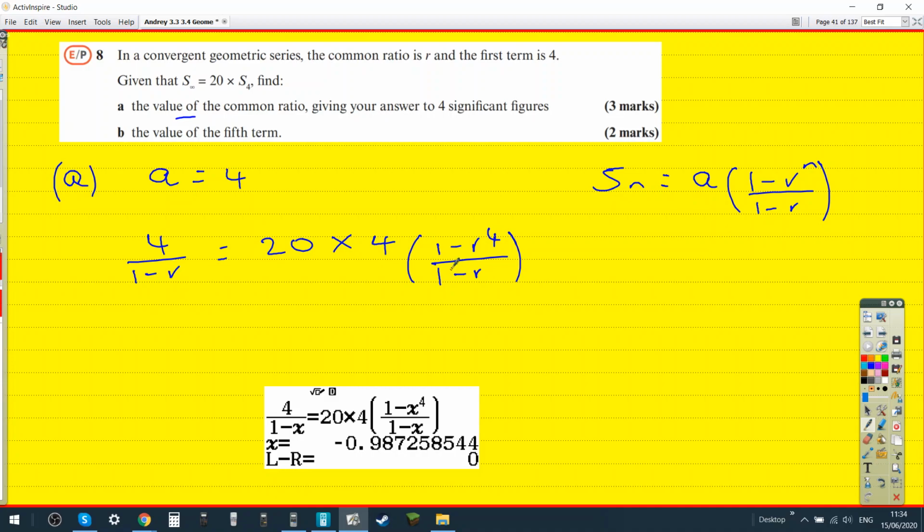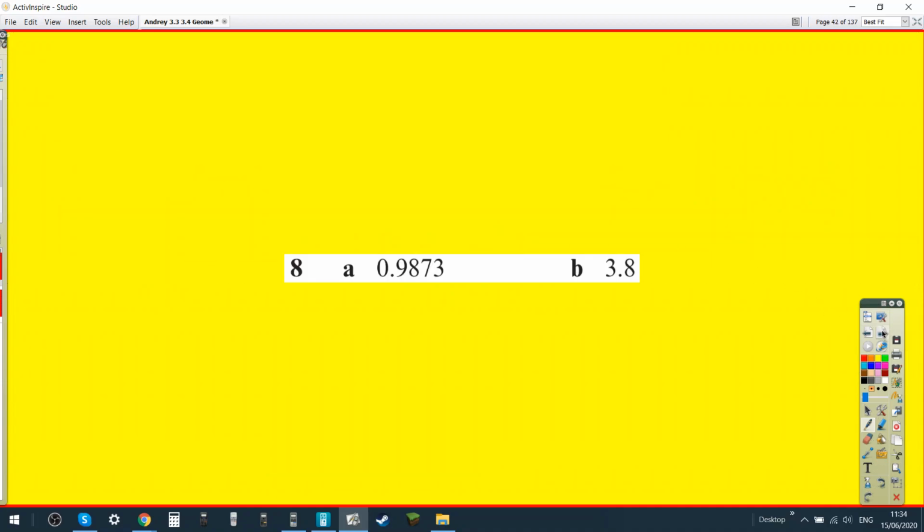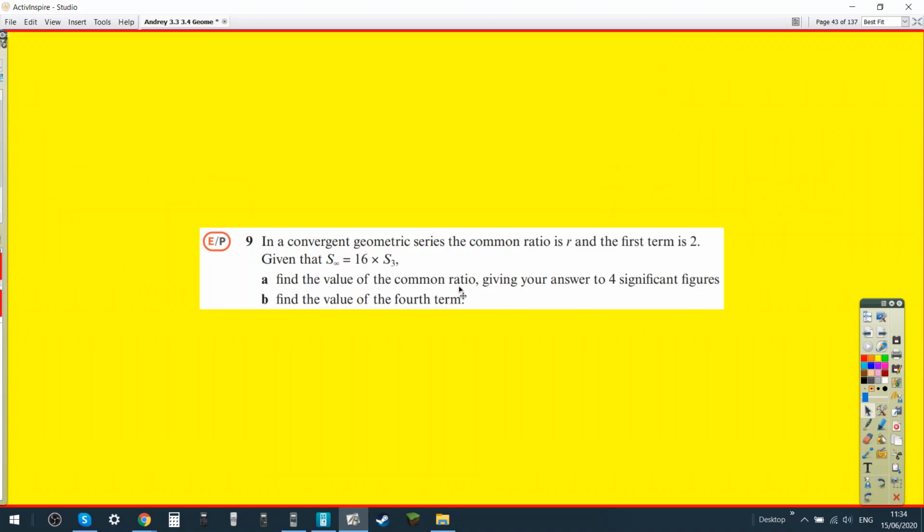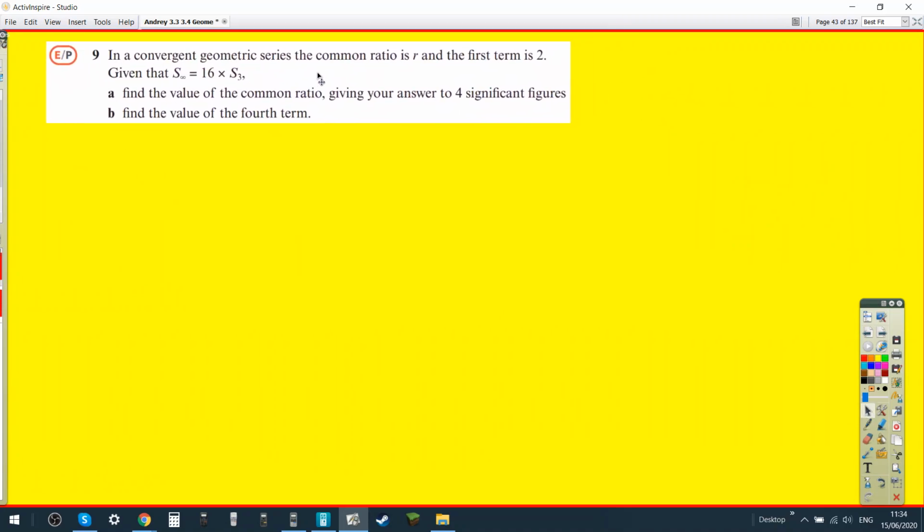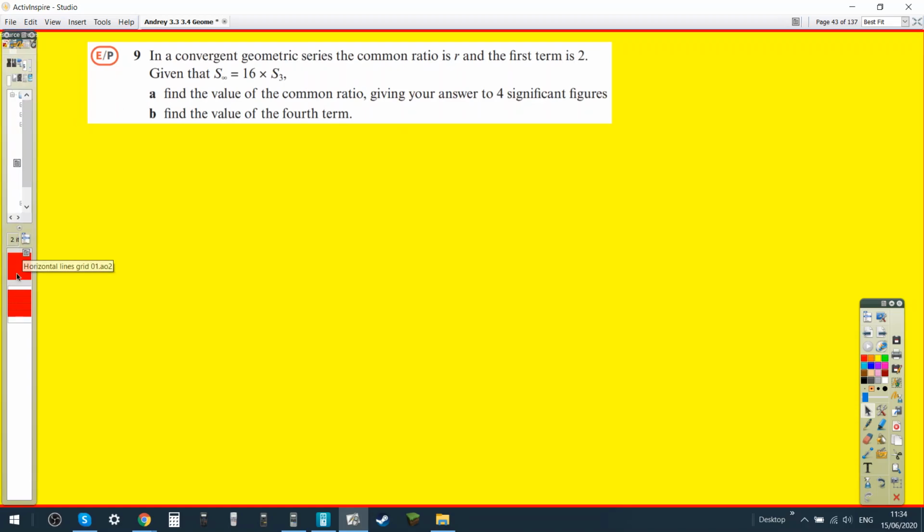Any questions about that? No. Okay. Not a great question. This looks very similar, a convergent geometric series. Okay, very similar. How would you do the first one?